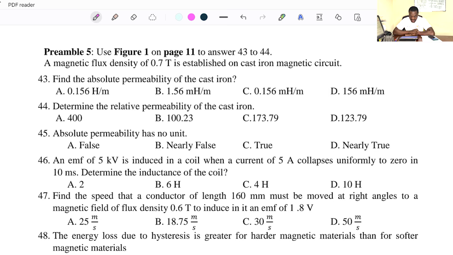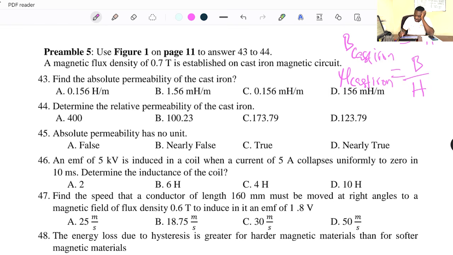Here we are given the magnetic flux density of cast iron, 0.7 Tesla, and we are interested in the absolute permeability. We know that the absolute permeability is equal to the magnetic flux density over the magnetic field strength.